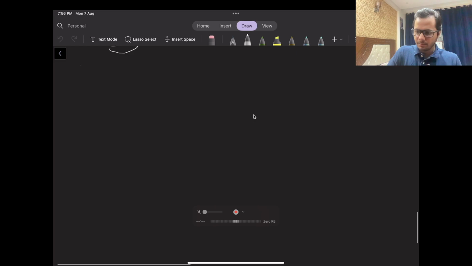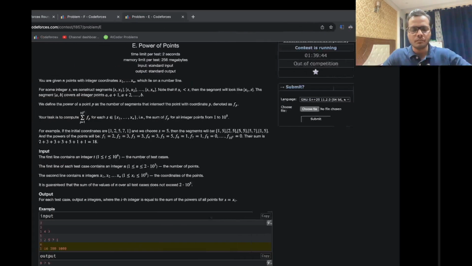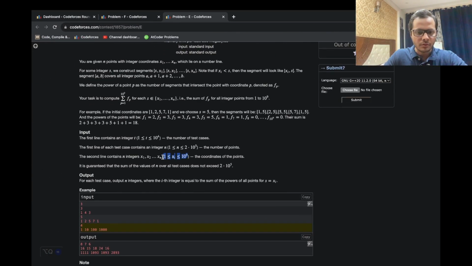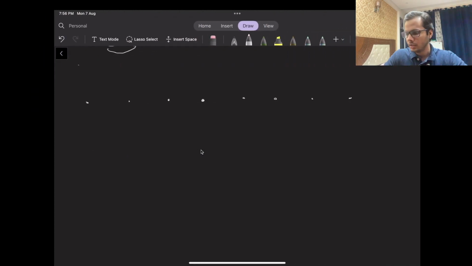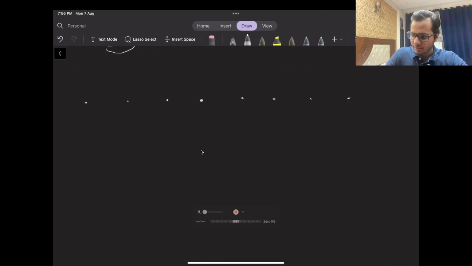So we have these n points. Let's say we have them in sorted order. Points can be from 1 to 10 to the power 9. That's good. So let's say that we have s equal to this third point. So what will be the value of f of this third point?